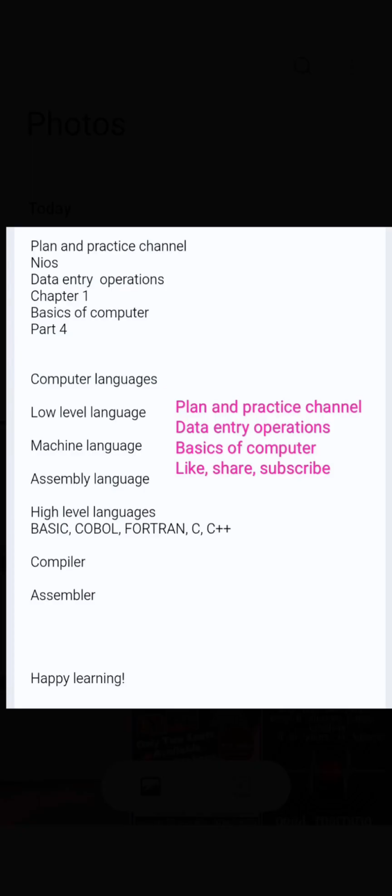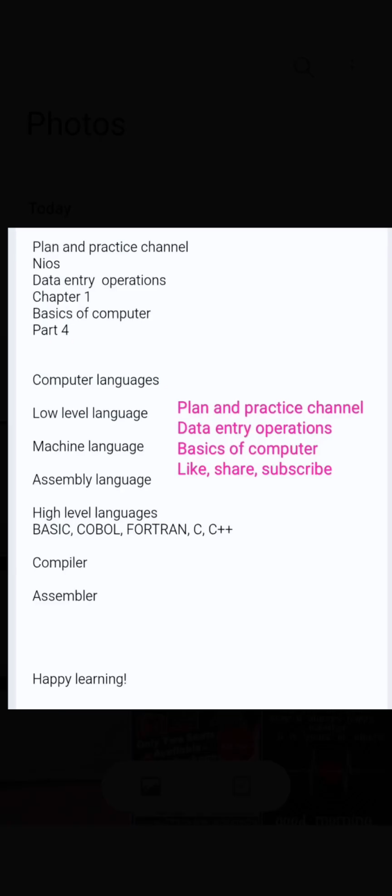Next we have compiler and assembler. As we all know, high level language is machine independent, and assembly language is machine dependent, but it uses mnemonics. Yet the mnemonics used to represent instructions are not directly understandable by the machine.